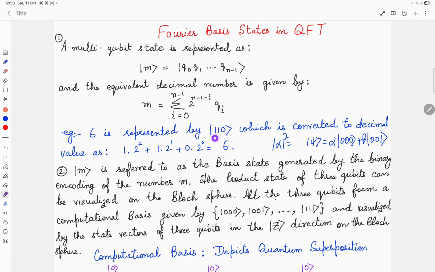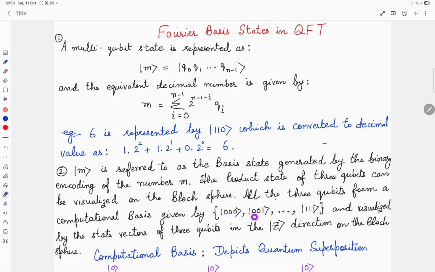So we need 3 Bloch spheres to represent the state of these individual qubits, right? And all these 3 qubits form a computational basis, ket 000 up to ket 111. Since there are 3 qubits, 8 combinations are possible.